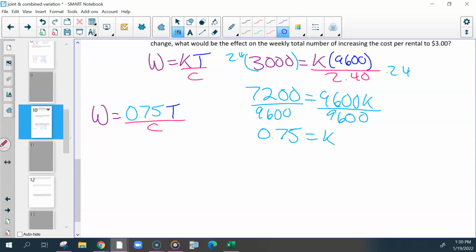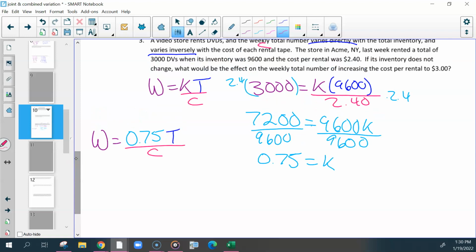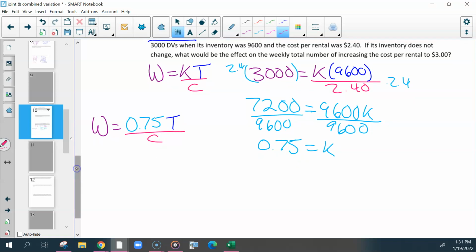And then our last thing we need to do is the last part of this. So if inventory does not change, that means T stays 9,600. And we need to know the effect on the weekly total, so we're looking for W, and C is now 3.